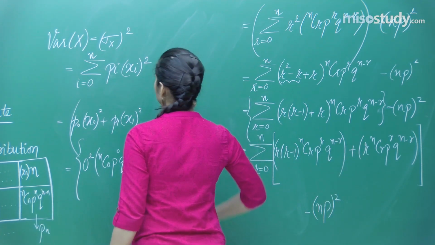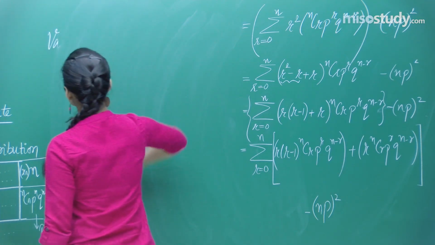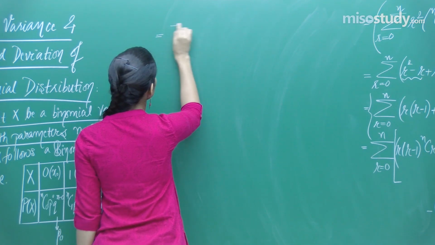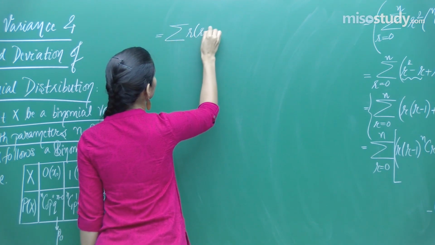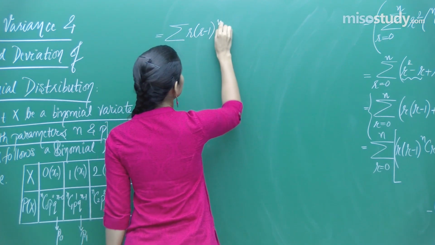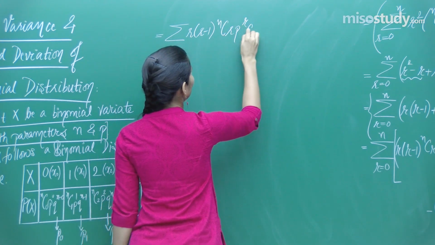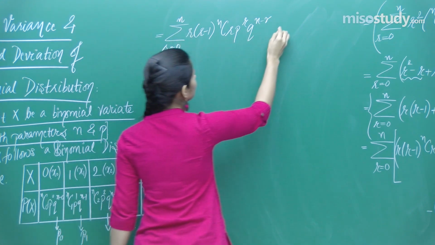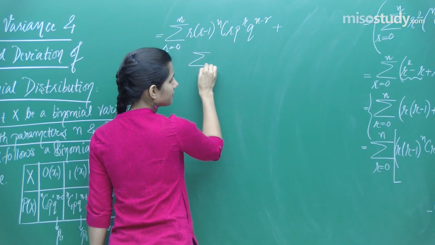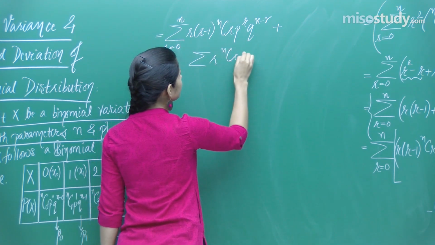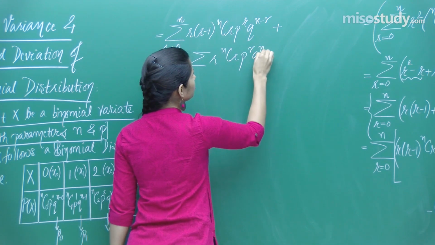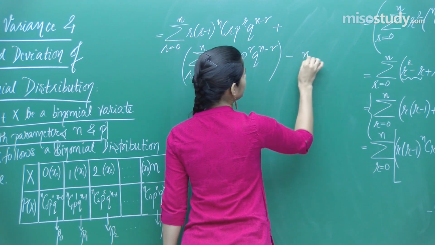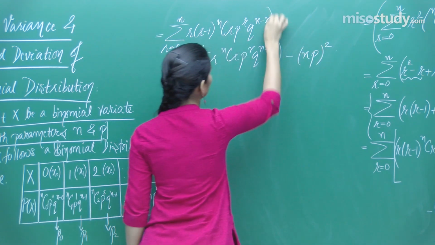So what I get is summation of r into r minus 1 ncr p to the power r q to the power n minus r, plus summation r into ncr p to the power r q to the power n minus r, minus np whole square.